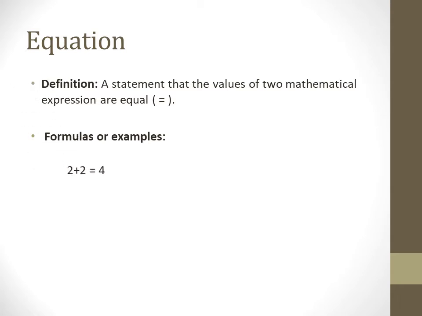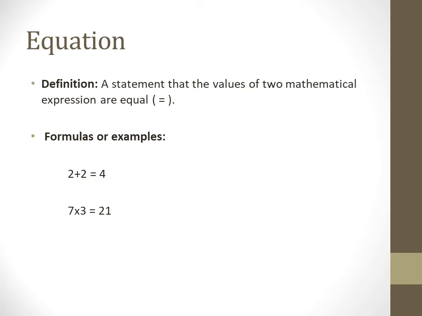A couple examples. Of course, 2 plus 2 equals 4. We could flip this. 4 equals 2 plus 2. Seven times 3 equals 21.